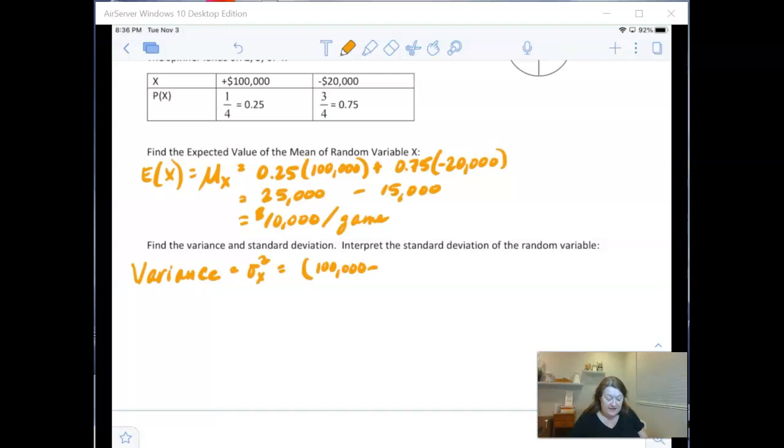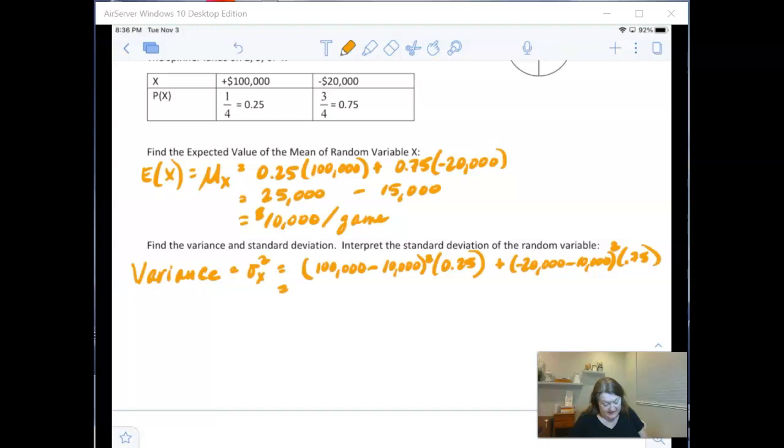Subtract out the average value or the mean, so subtract out 10,000. Square that, and then multiply it by the weight. And then we're going to do the same thing to the next one. So that is negative 20,000 minus 10,000 squared times the weight of 75%. Okay, and I'm going to add those all together.